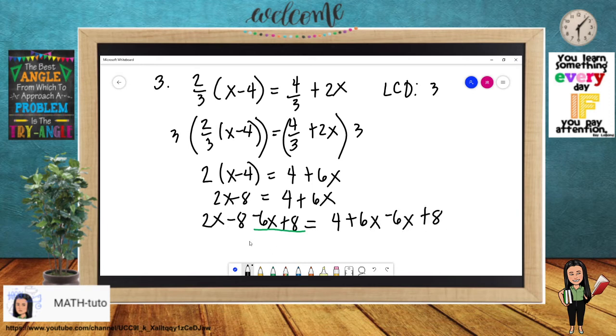We have negative 4x equal to 12. Divide both sides by negative 4. X is negative 3. This is our answer.